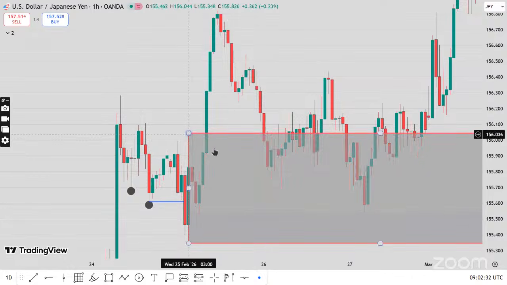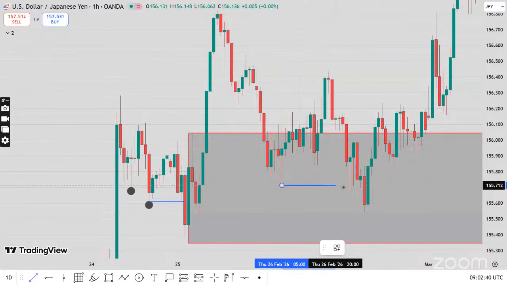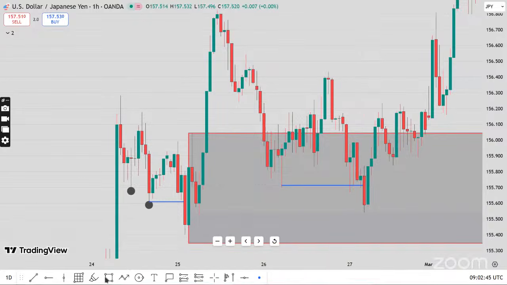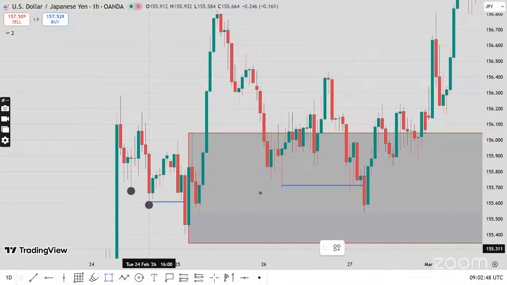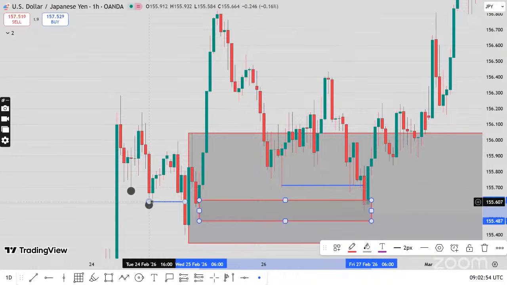Now, was there an inducement in this POI? Yes. So we have this inducement. So inducement available, POI, structural liquidity sweep.